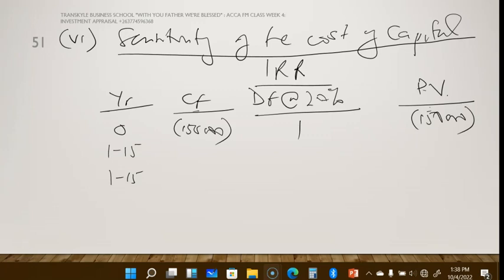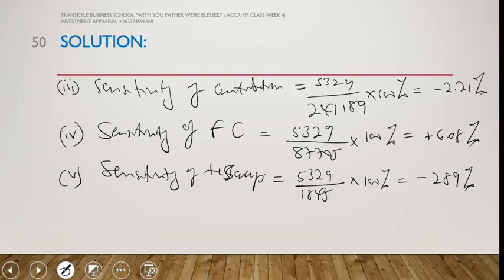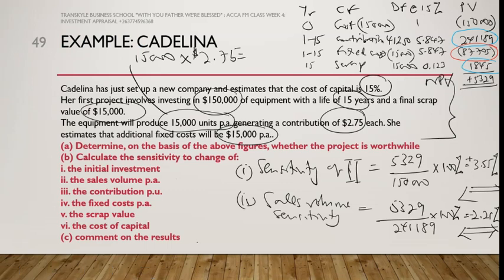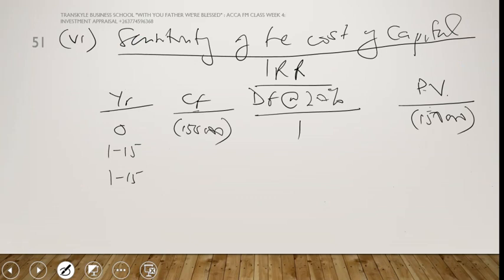We just do as we did in our previous calculation, copying some of the figures. So 41,250 for the contribution, and for the fixed costs, 15,000.